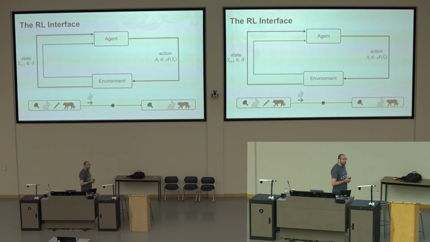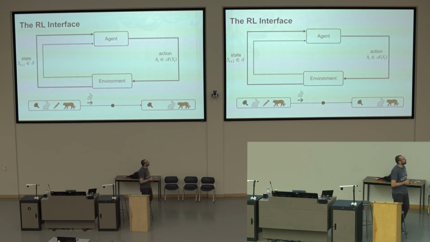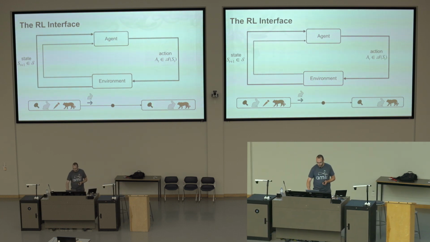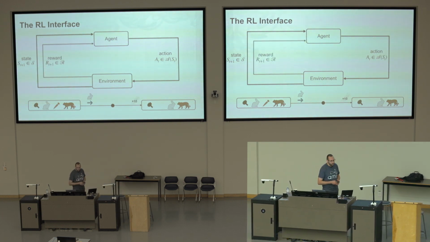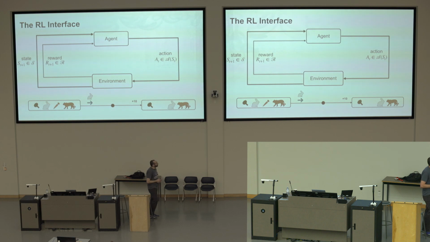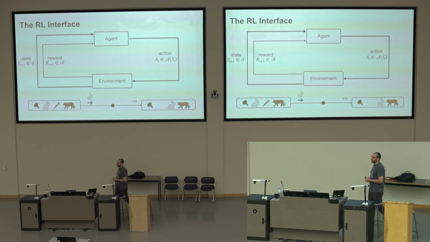And then based partially on the agent's action and the internal dynamics of the environment, the agent transitions into a new state. In this case, our rabbit went over to get the carrot. The carrot was amazing, so it produced a reward. It got a +10. And now it's in a new situation where it's by the tiger.